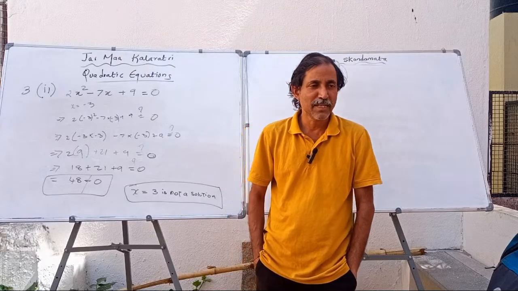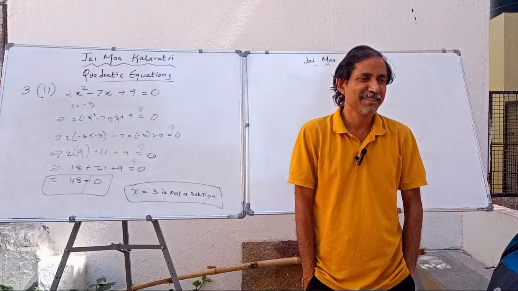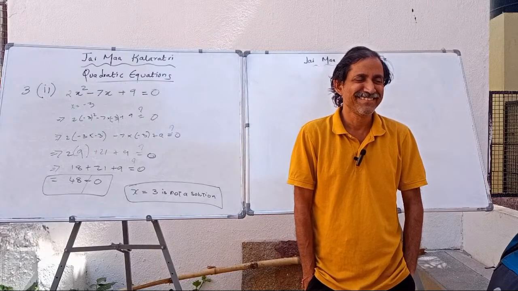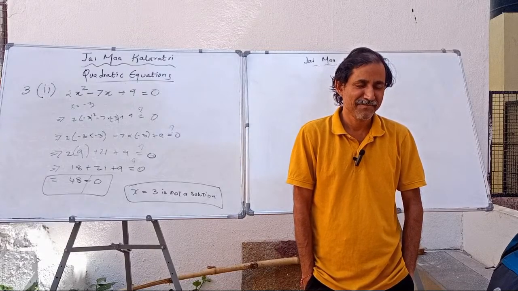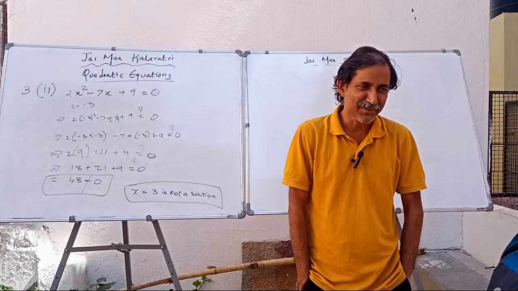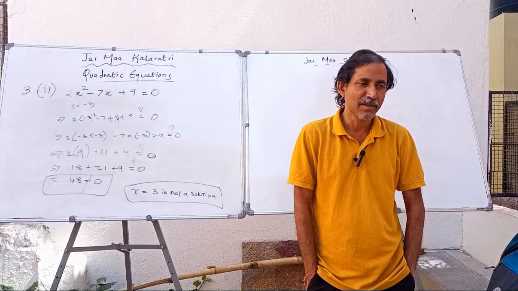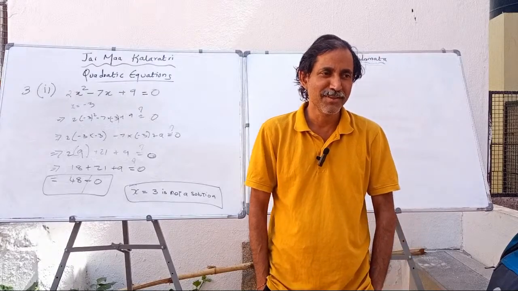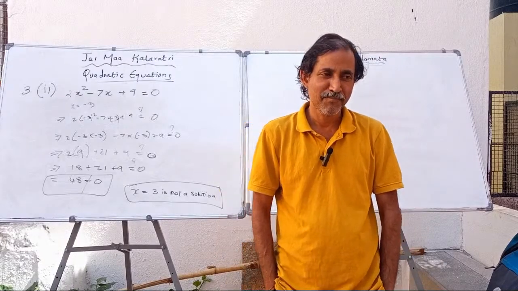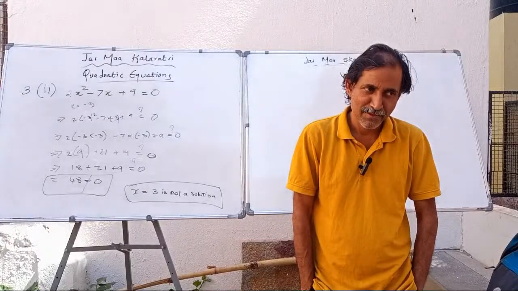Okay. Tell me something about trigonometry. sin square theta plus cos square theta is equal to 1.